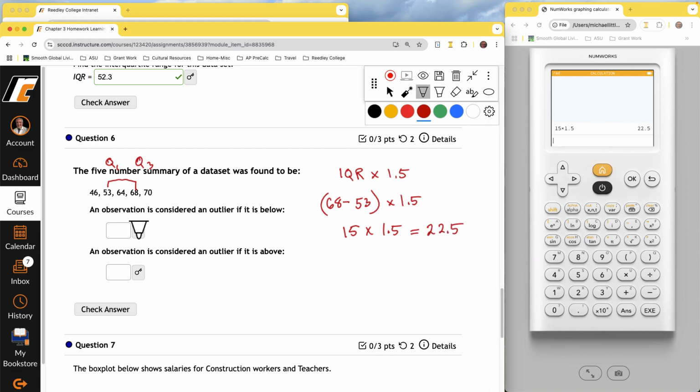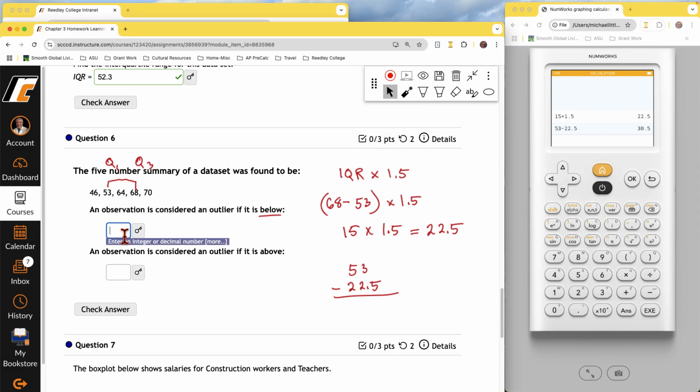15 times 1.5 is going to be 22.5. So an outlier, if it is below, we take Q1, 53, and we subtract off 22.5. 53 minus 22.5 gives us 30.5, so anything below that number would be an outlier.